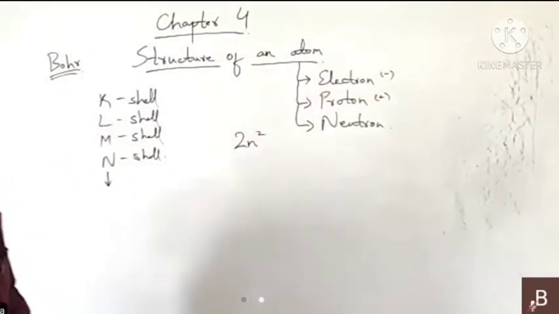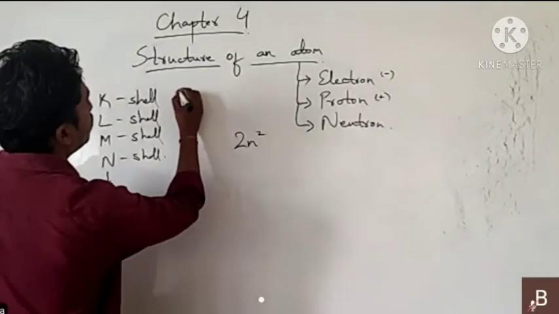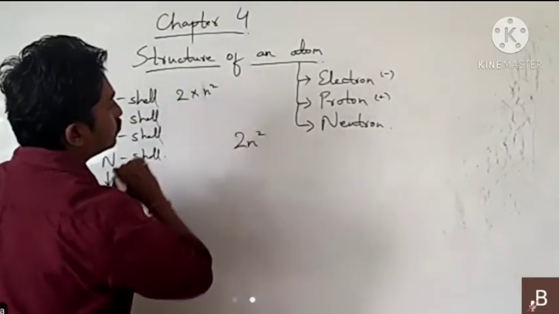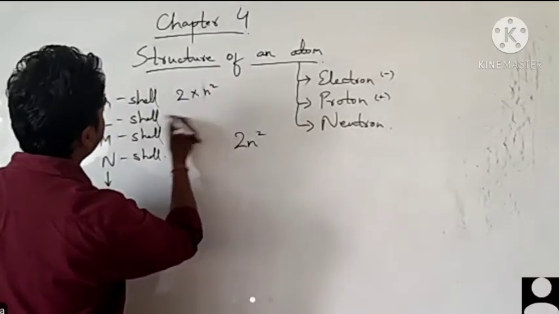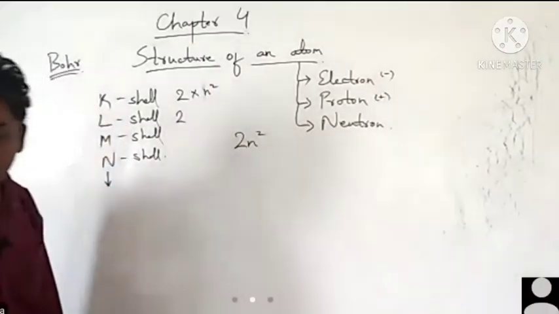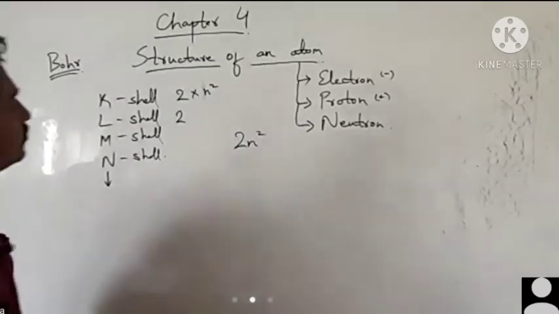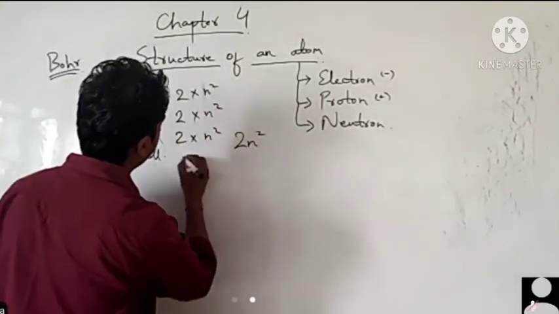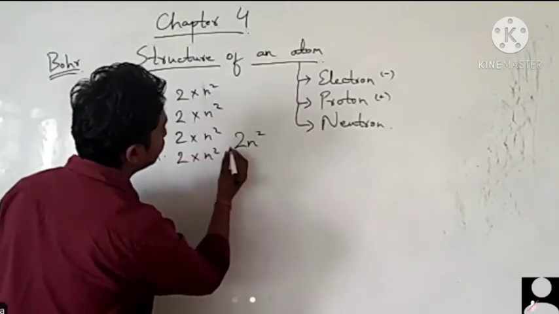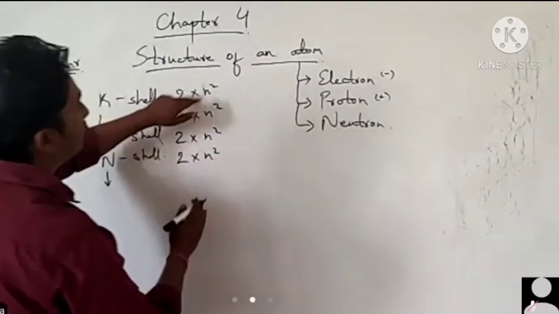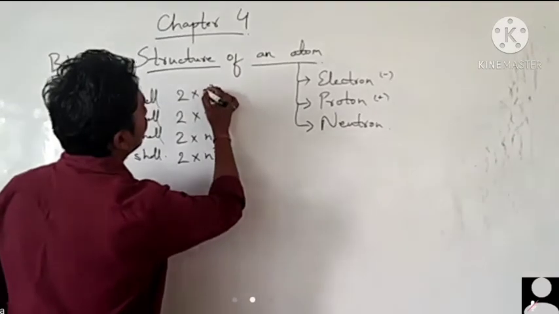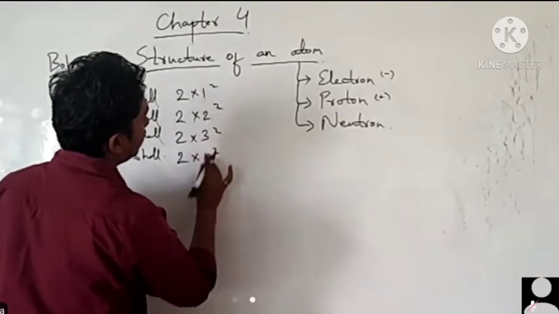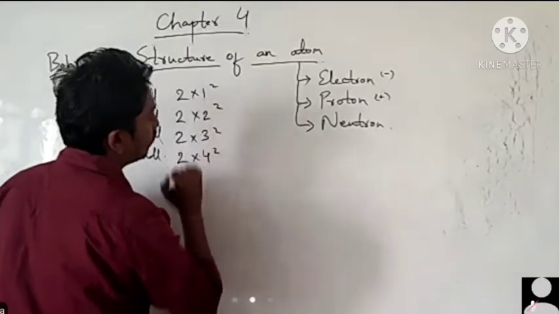For example, in the K shell it will be 2n², and similarly for the others, and this n can be 1, 2, 3 and 4.